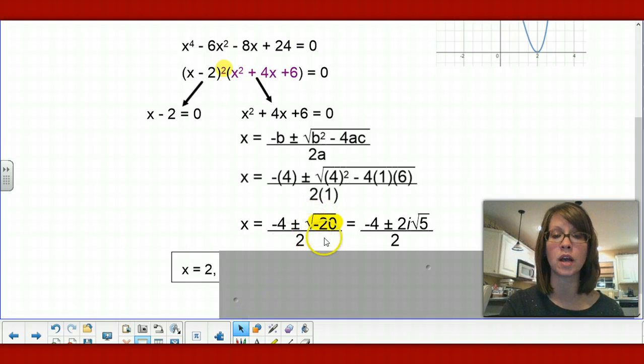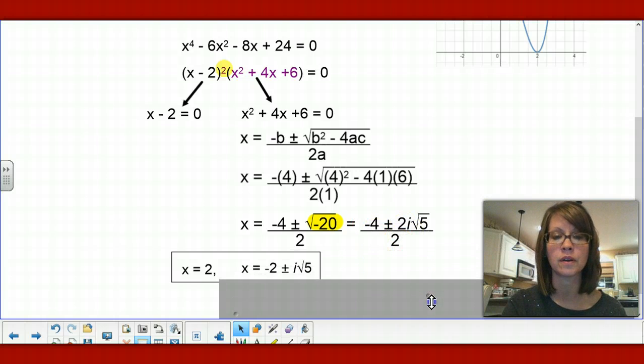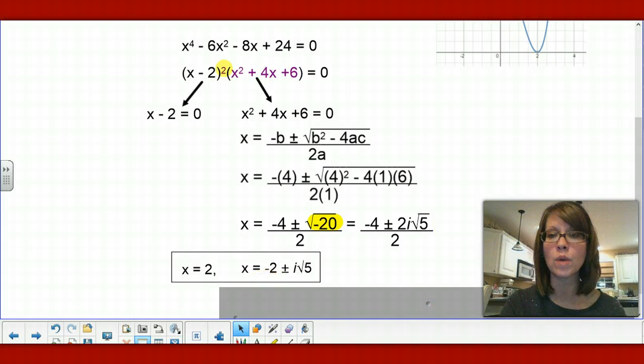Okay, so remember, you got to be fluent with simplifying the square root of a negative number. That'll be 2i radical 5. And then divide the negative 4 by the 2 and the 2i radical 5 by the 2. Okay, so we have 3 unique roots: 2, negative 2 plus i radical 5, and negative 2 minus i radical 5.